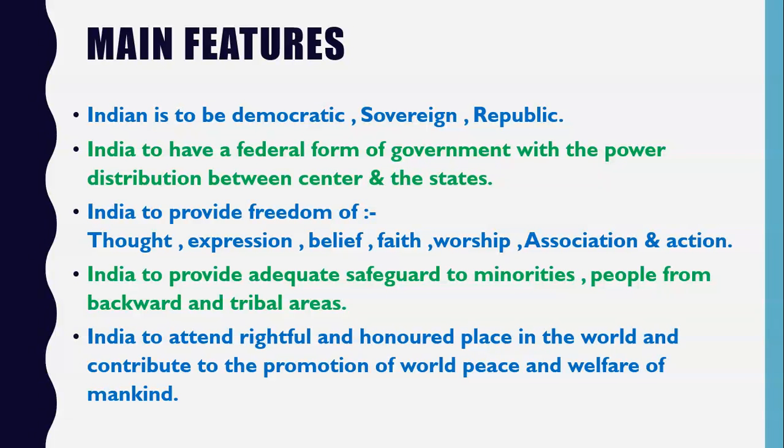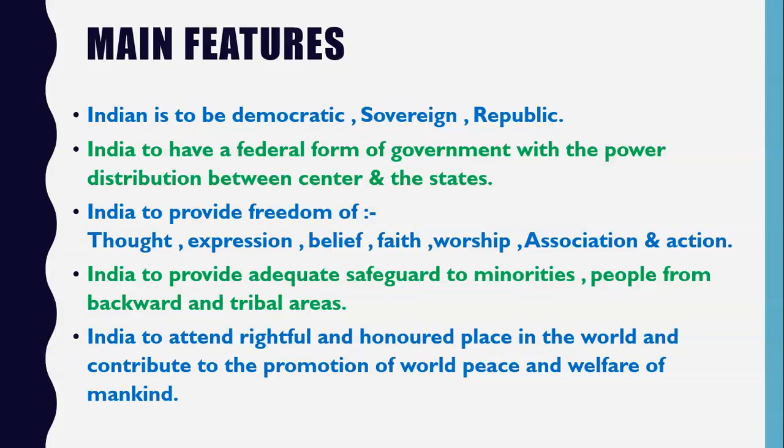Now friends, what was its next provision? India is to have a federal form of government with the distribution of power between the center and the states. It means this objective resolution aimed to make India into a federation. And what is a federation?